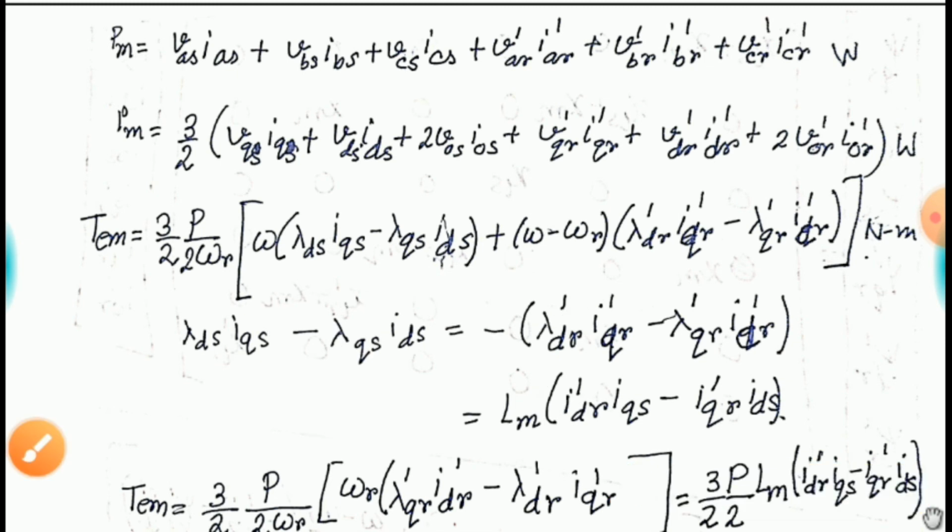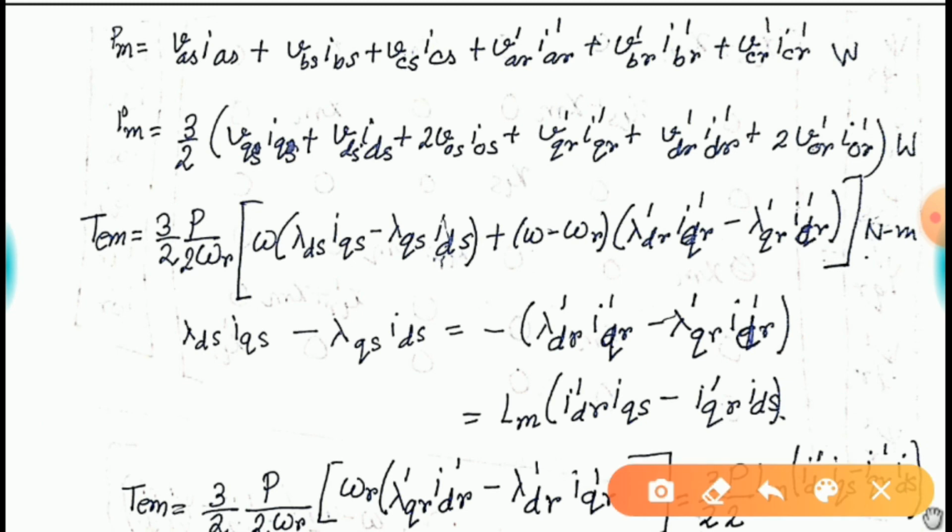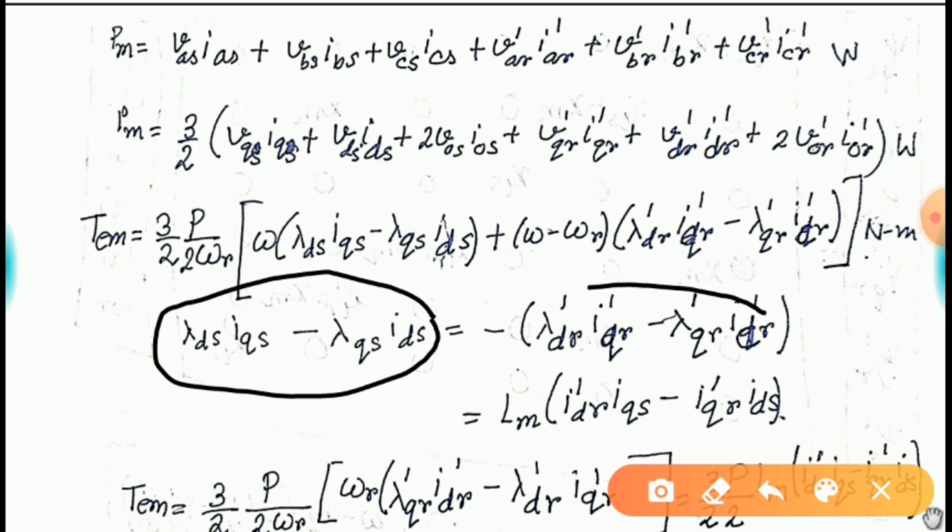Another interesting observation is that these two terms are equal. Now you may ask why these are equal.